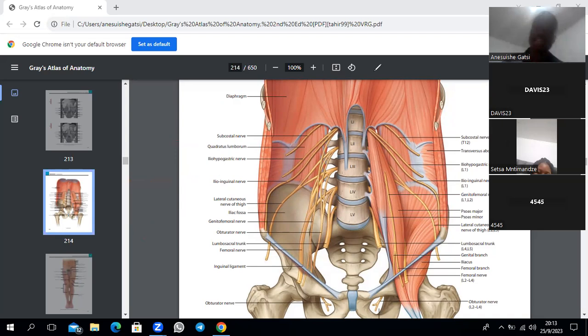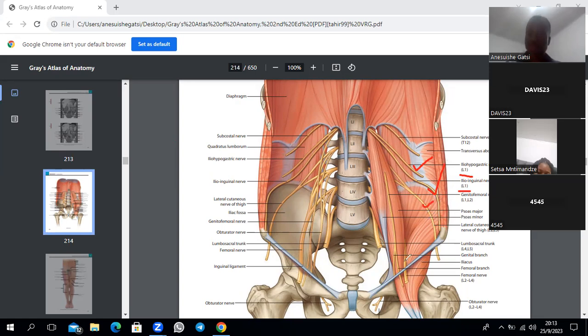So what are the branches coming off on the lateral side of the psoas major? We have the iliohypogastric, which is coming from L1, the ilioinguinal, which is also L1. Then we have the lateral cutaneous nerve of the thigh, which is shown here, L2, L3.